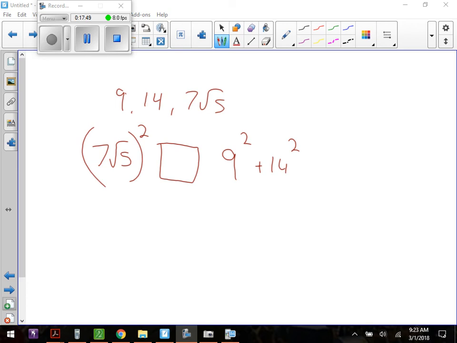You type in the calculator 7 root 5 parentheses squared, I hit enter, I get 245. And I do 9 squared plus 14 squared, and lo and behold, I get 277. Is 245 larger, smaller, or equal to 277? Therefore, what kind of triangle?